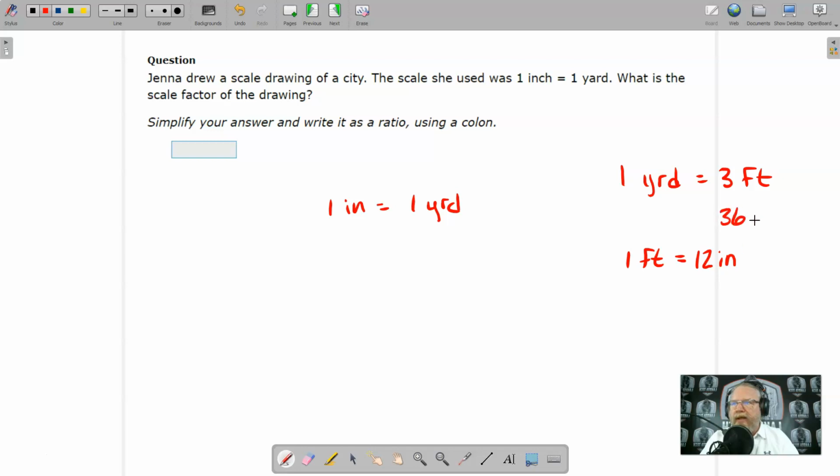So we're going to get 36 inches. There's 36 inches in 3 feet. So 1 yard equals 36 inches. So 1 inch, and now 1 yard we're going to rewrite as 36 inches. Now we can just use the numbers. 1 is to 36, and it's already simplified. 1 and 36 share no common factors except for 1.